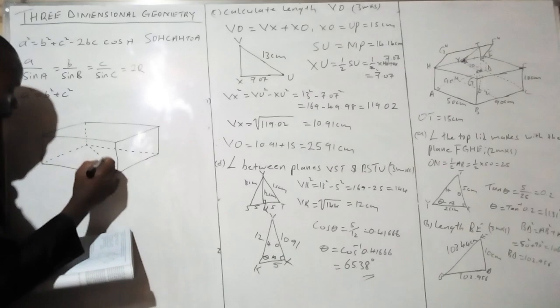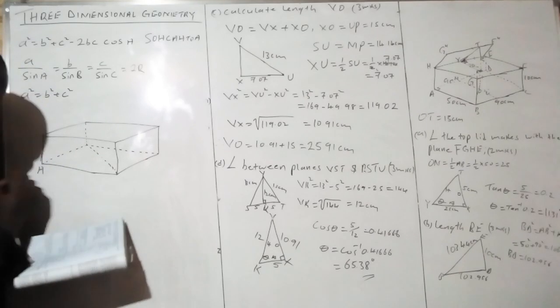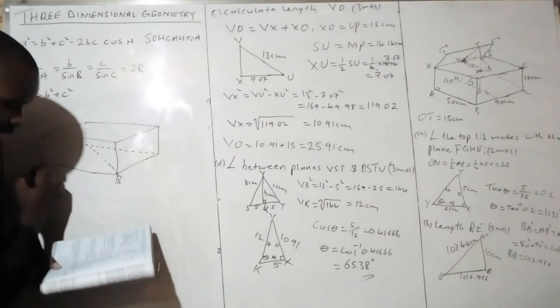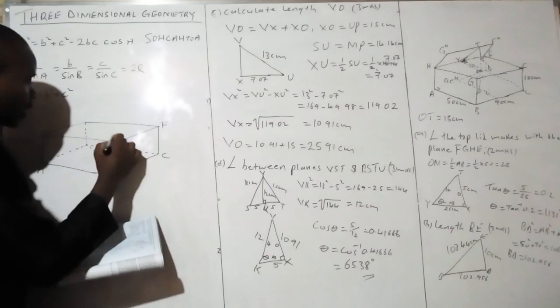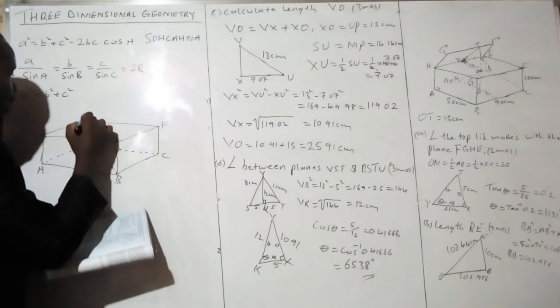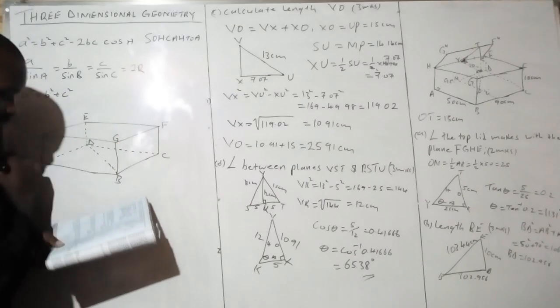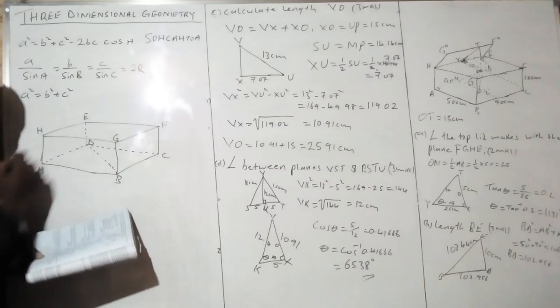This is A, we have B, C, F, G, E, D, H. We have point O there.